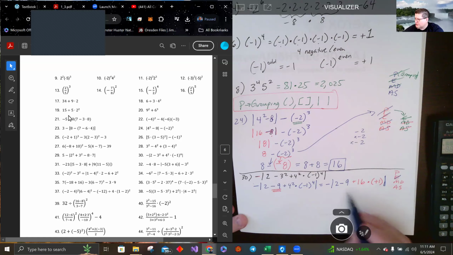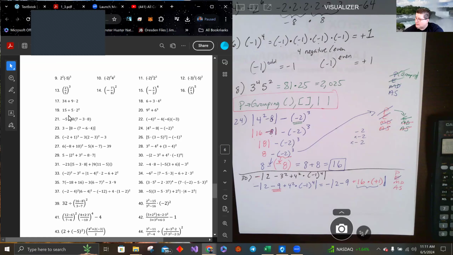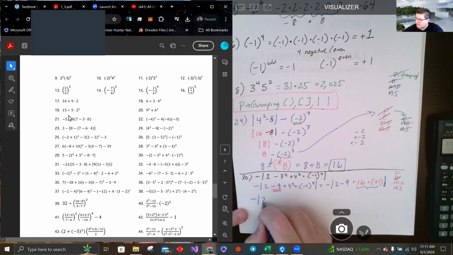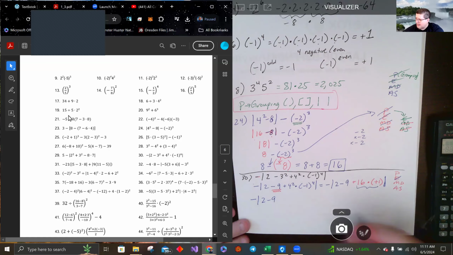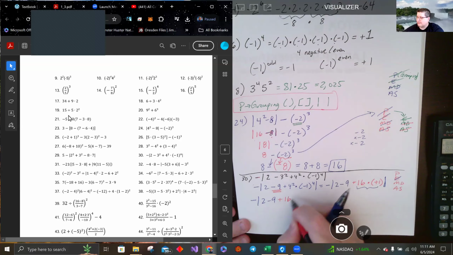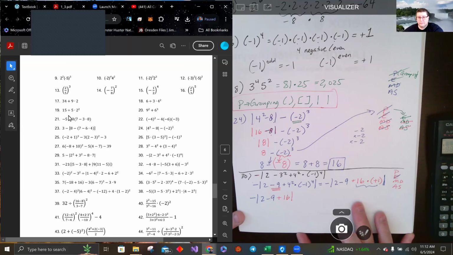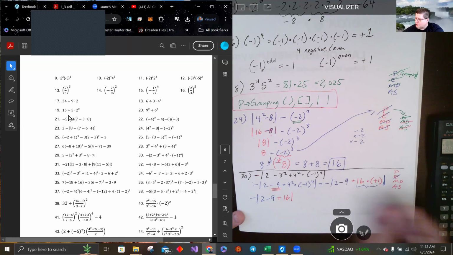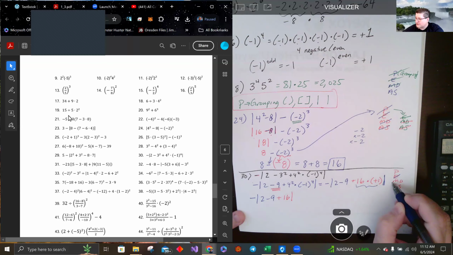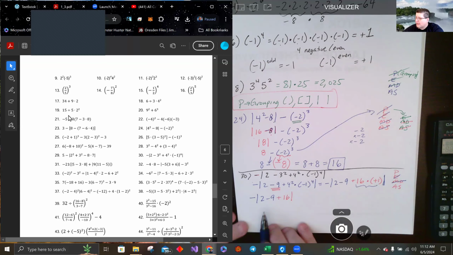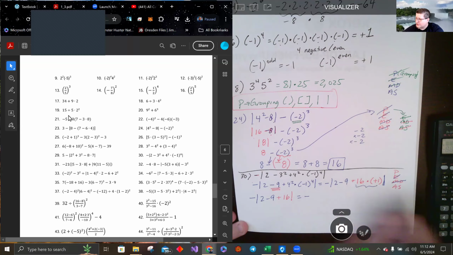Now we're doing multiplication and division. We do have a multiplication right there. So 16 times 1 is 16. All right, there's no more multiplication in there or division. We cross those off. Then we're going to go left to right for addition and subtraction.